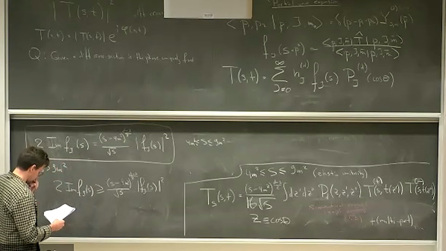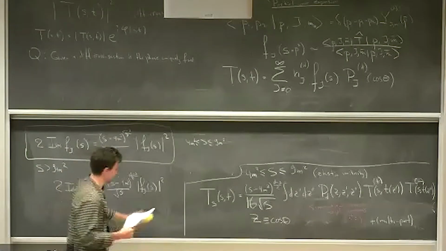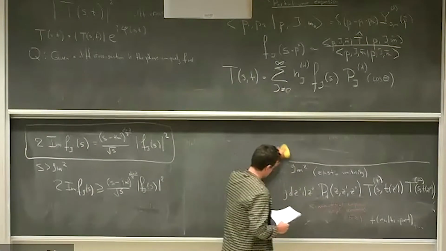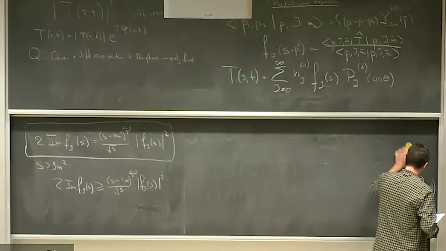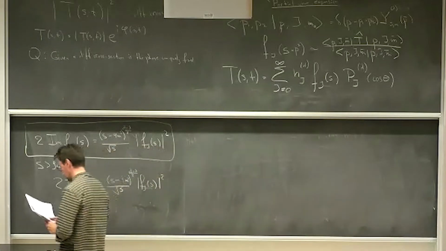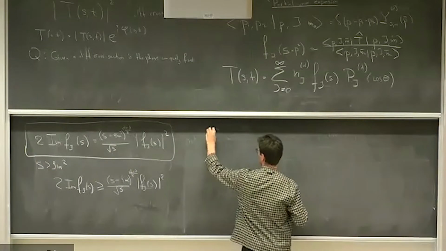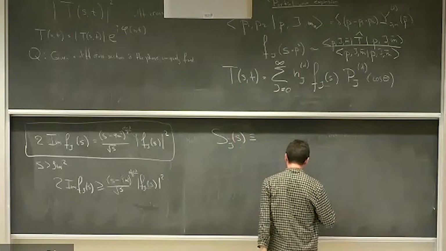Another nice way to rewrite this equation is the following. You can define S_J of s as follows.